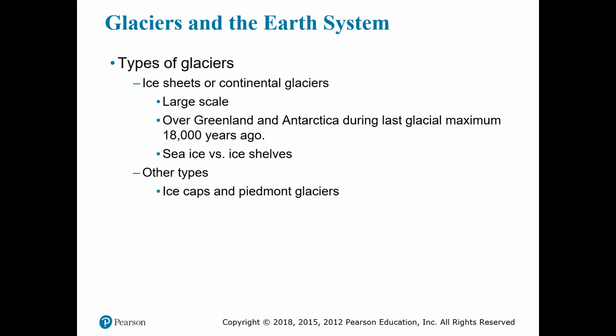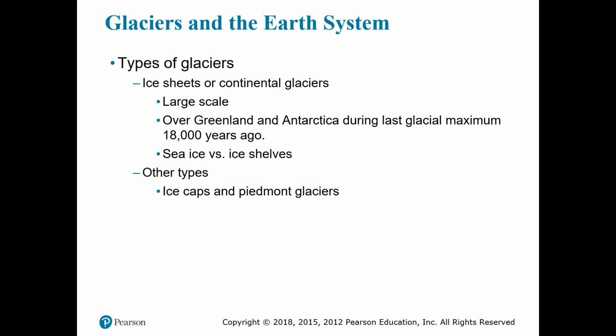If we look at today's time, each of our polar regions, both at the North Pole and the South Pole, supports an ice sheet. We have Greenland at the North Pole and Antarctica at the South Pole.